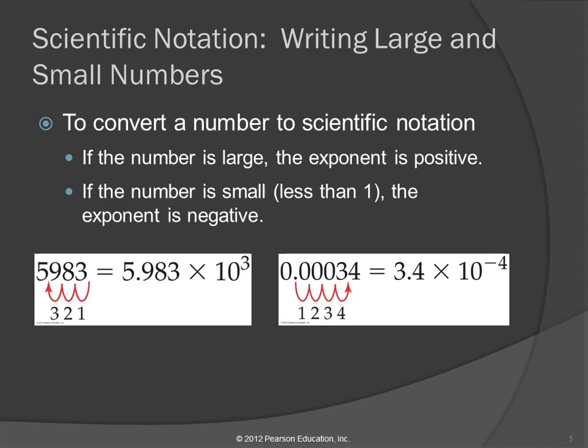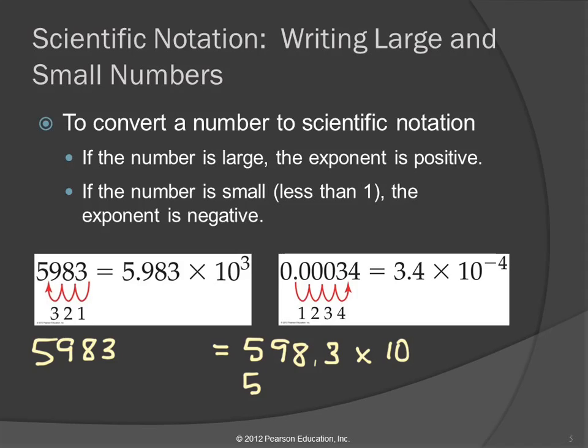The exponent's negative. Okay? Now, the more math thinking way, if I take this and I factor out a 10, if I divide by 10, then I've got 598.3. Well, actually, let's not do that. Let's just say that is equal to this times 10, right?